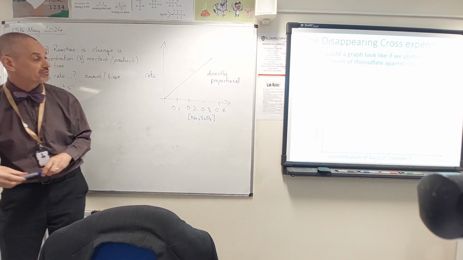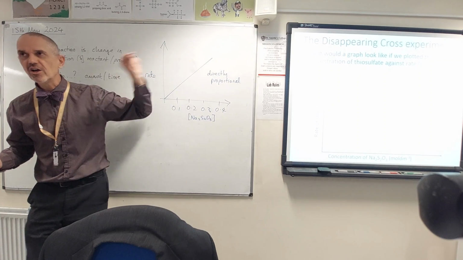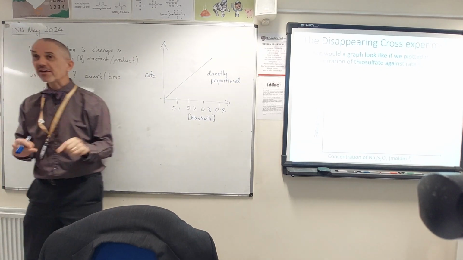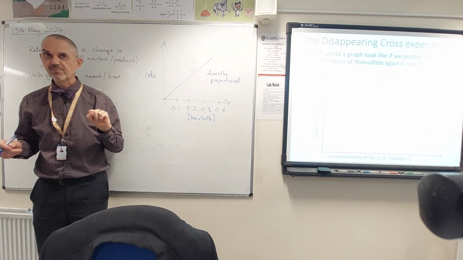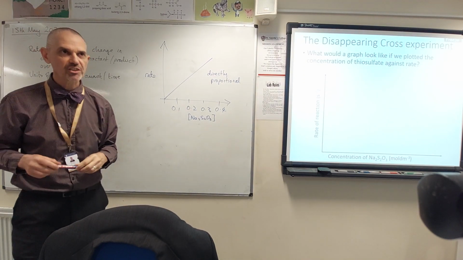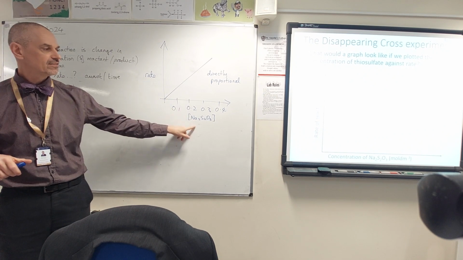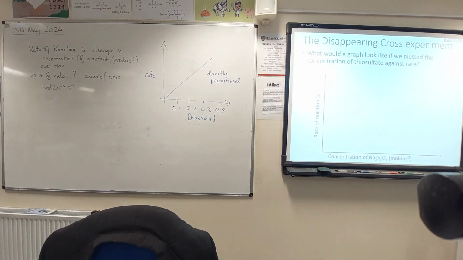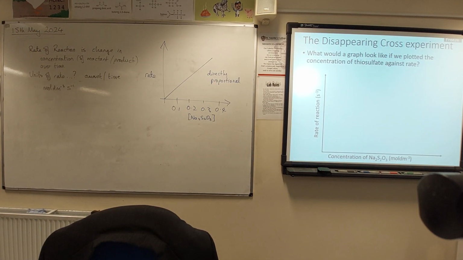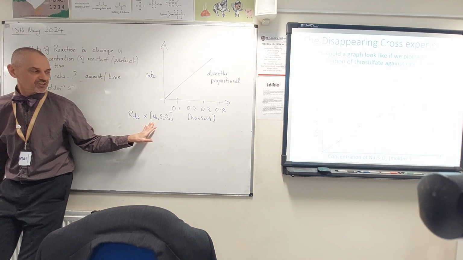Okay, underneath or somewhere near your graph, next to your graph, could you write a mathematical expression for that graph, please? Could you write a mathematical expression for that graph in terms of rate and the concentration of sodium thiosulfate? Okay, so we've got rate is proportional to the concentration of thiosulfate.